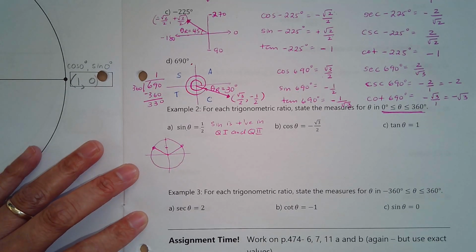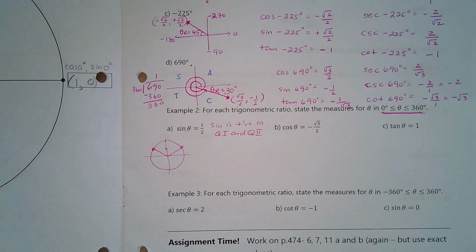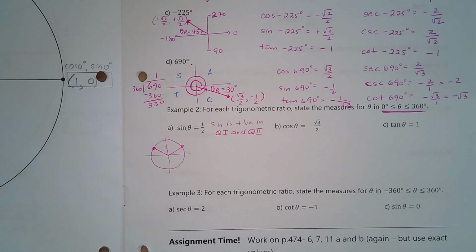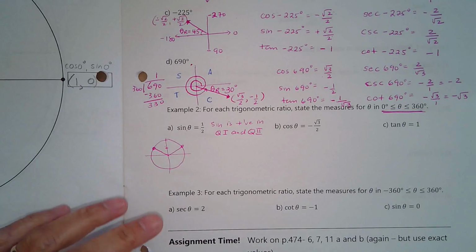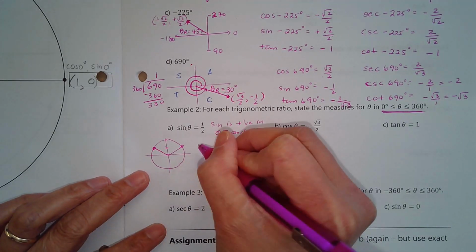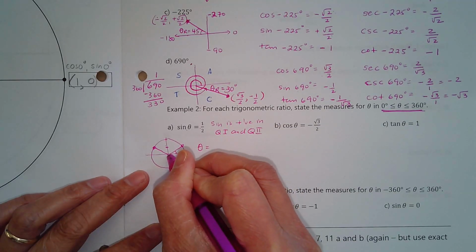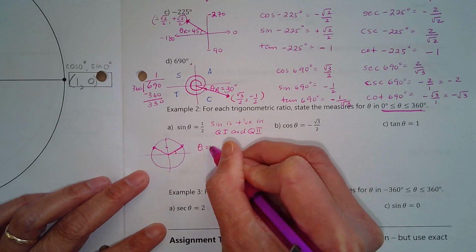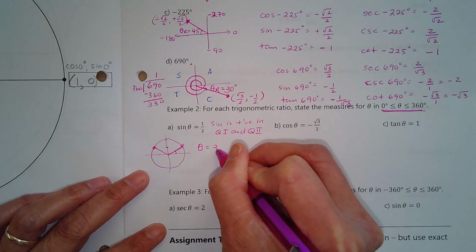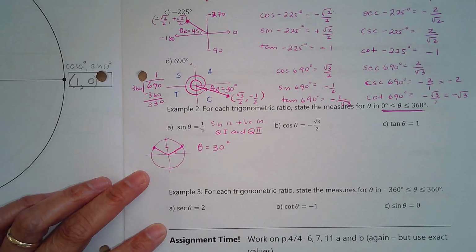They didn't say this, but they're asking for the exact value of theta. What's theta? What angle would this be so that it's going to be 1/2? 30 degrees. Yes?